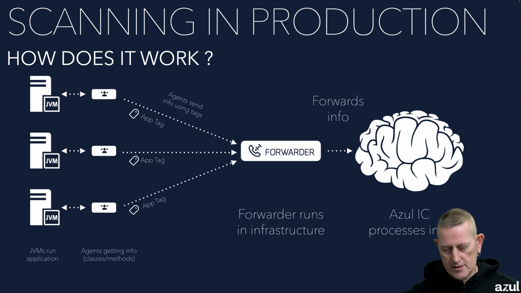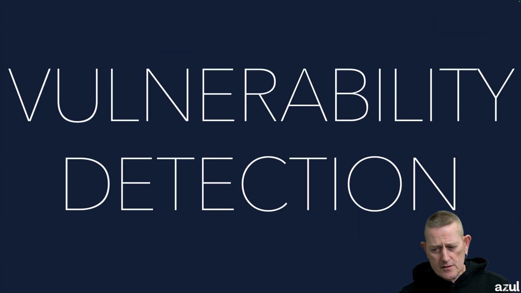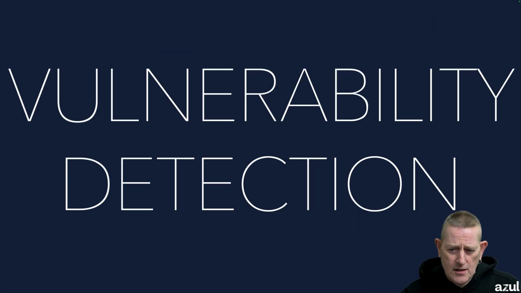Then this application will be scanned by the agents, the information goes to the forwarder, and from there into Intelligence Cloud, where the Azul Vulnerability Detection will take place. Afterwards, when you create reports, you can search for these tags. That means you will find all the nodes that you have scanned that have the same tag, and the same application running in different nodes will be present in one report in the end, which is quite useful.